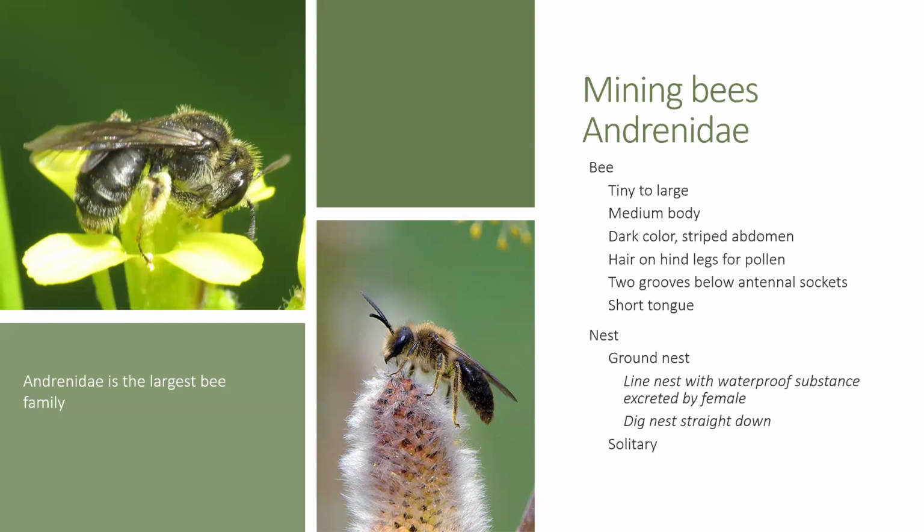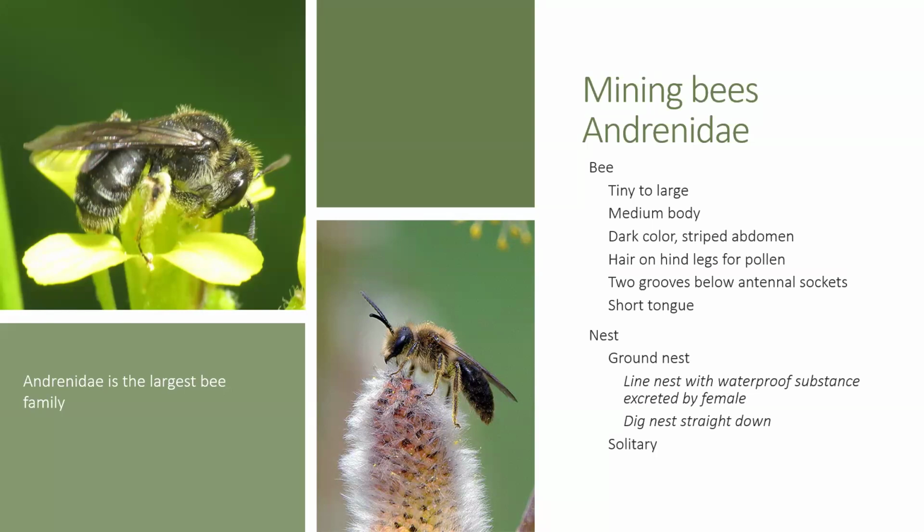A small body is skinny and thin, a medium body is just that, and a large body is a more stout structure. If you think about a carpenter bee or a bumblebee, those have large bodies. They're big and bulky.